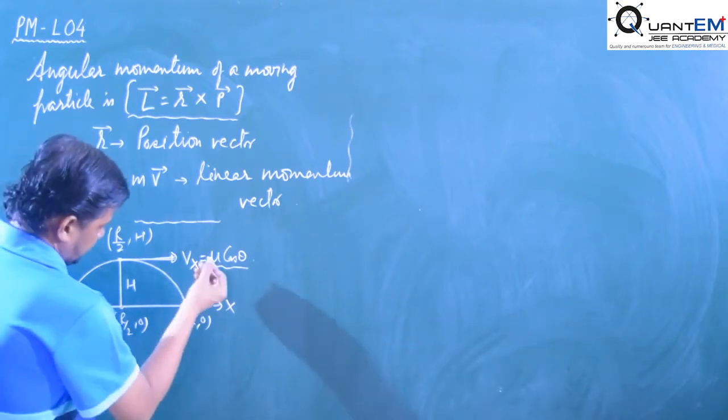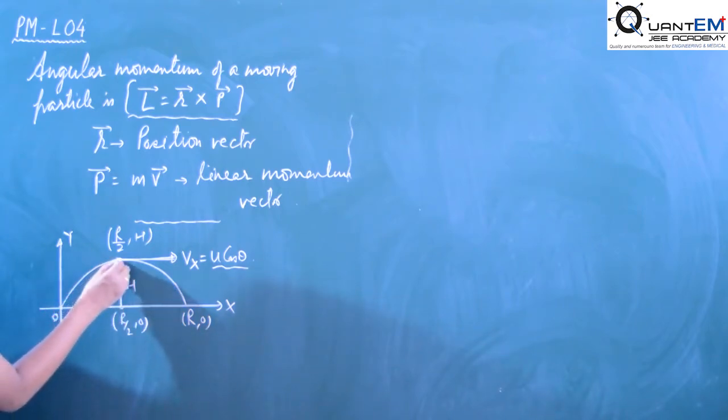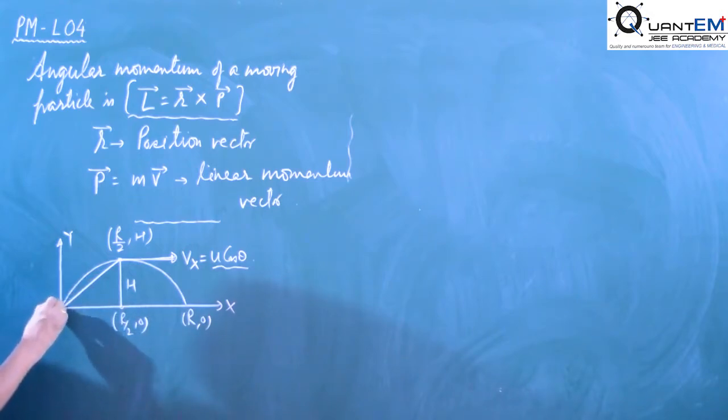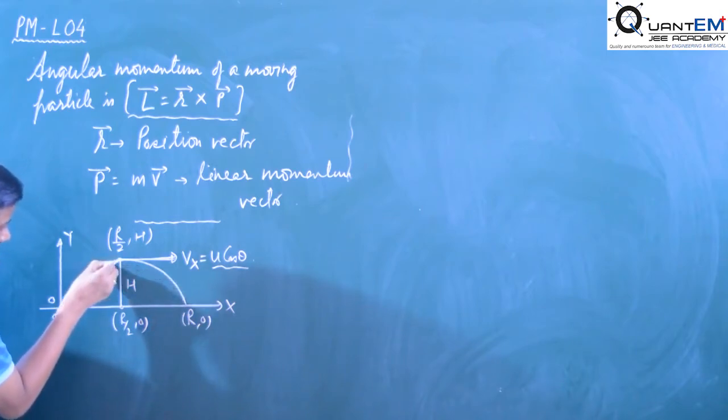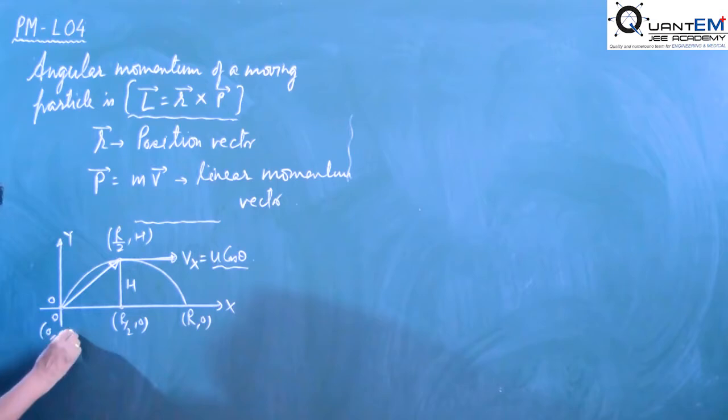So if Vx is given, we may get the momentum, Vy has no value here. About the point of projection, we have to get the angular momentum when the particle is at the maximum height. This one is the origin of the coordinate system, that is 0, 0. So this is the position vector r.